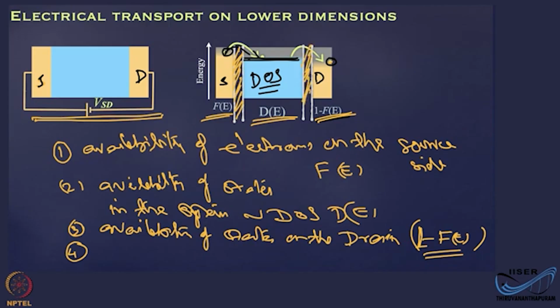Generally, the leads which we refer to as source or drain here are metals, and the system usually would be some other phase, such as a semiconductor or semi-metal or superconductor, something else.